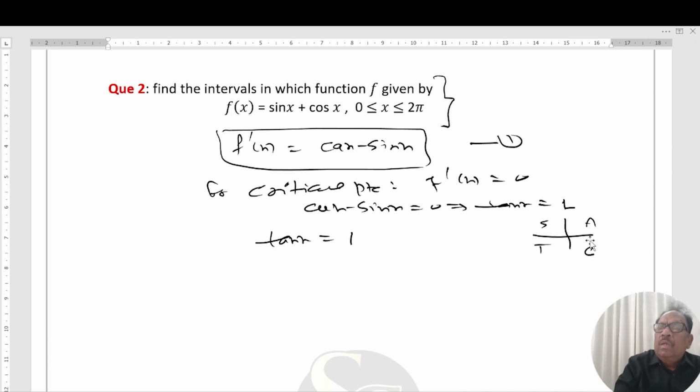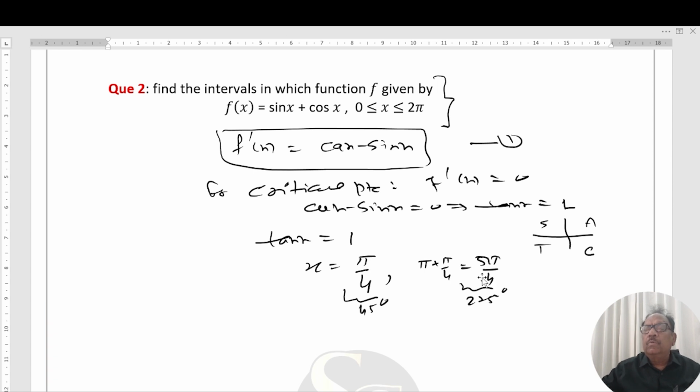Then the first answer is x equals pi by 4. Second quadrant is not possible, fourth quadrant is not possible. So the third quadrant will be pi plus pi by 4, that is 5 pi by 4. That is 45 degree, that is 225 degree. Critical points are known now.